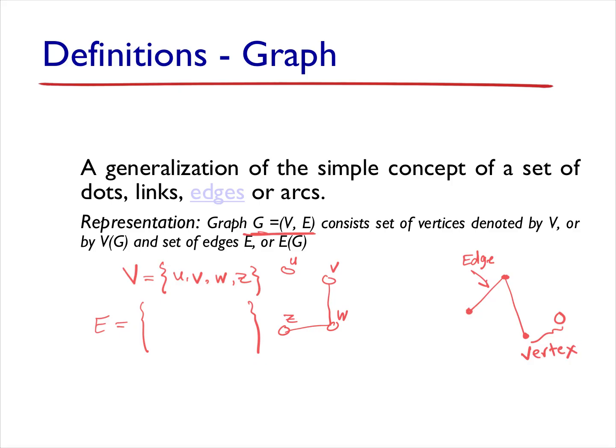Let's call them E1 and E2. The first edge E1 is simply V connected with W. And the second edge is Z connected with W. Don't forget, this is unordered. So it doesn't matter whether you write it as WV or VW, it's the same thing, and it's one representation, okay?